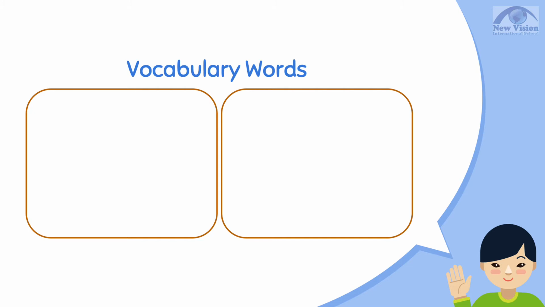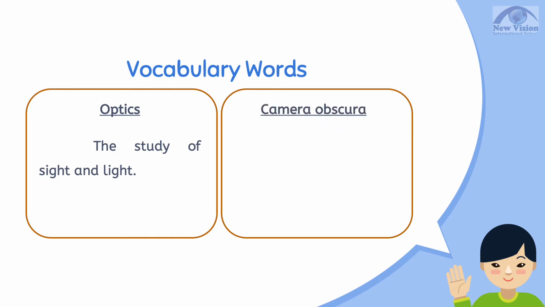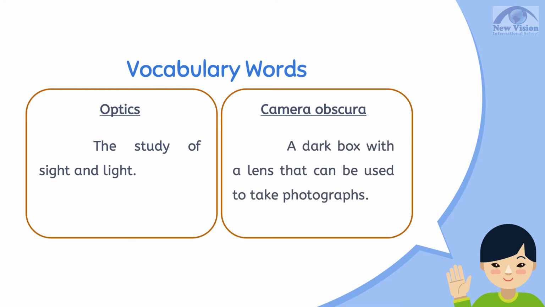And here are the vocabulary words related to this lesson. The first word is optics. Optics is the study of sight and light. Next, we have camera obscura. It's a dark box with a lens that can be used to take photographs or pictures.